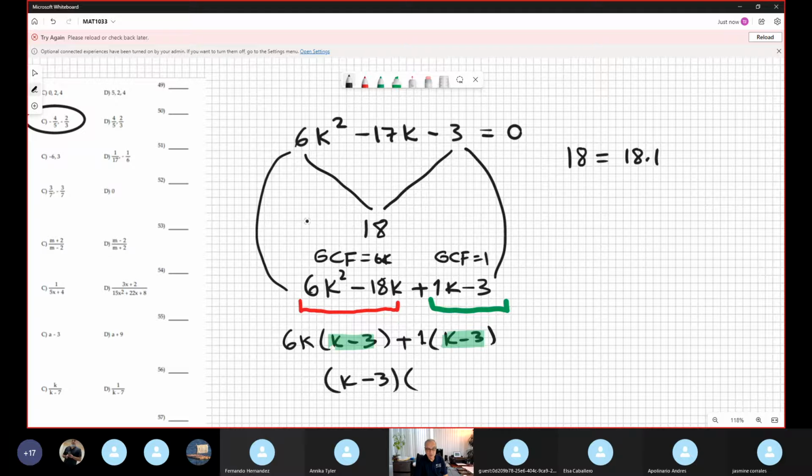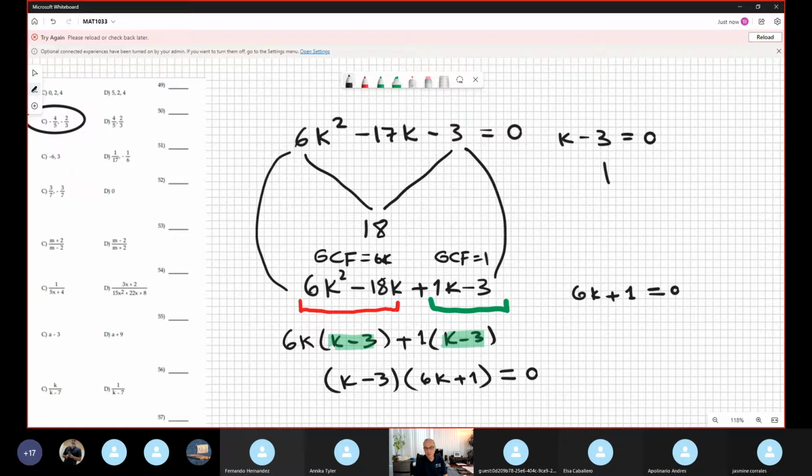So I copy k minus 3, parenthesis, the last one, 6k plus 1, equals 0. Don't forget that we are solving an equation. Same equation, have an equal sign. Okay, now the last moment, that is easy. Separate into linear equations, that one and that one.